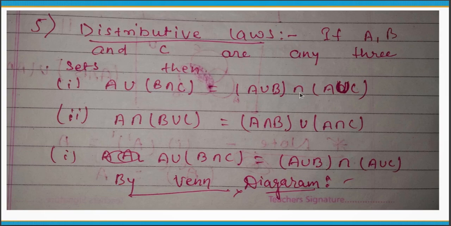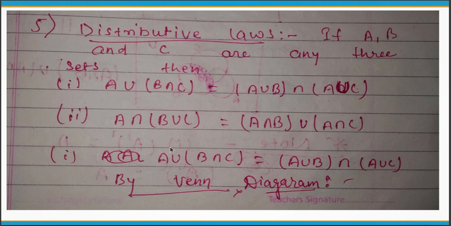Similarly, A union (B intersection C) equals (A union B) intersection (A union C). In lower standard you can perform A into (B plus C), and then A into B plus A into C.